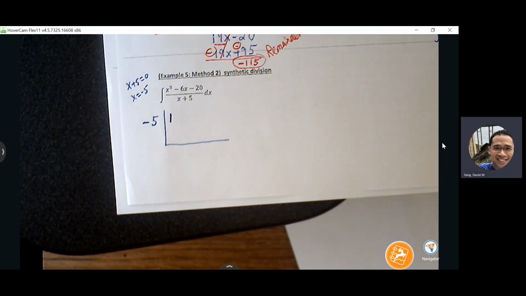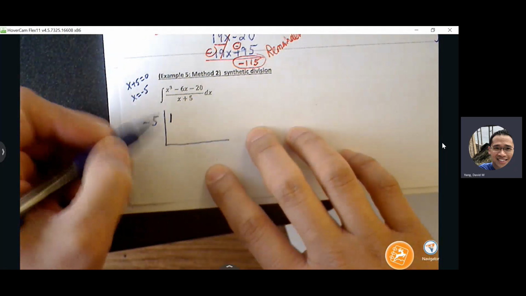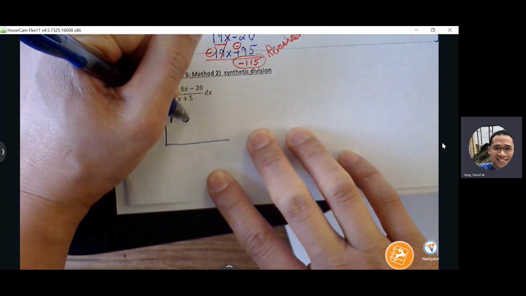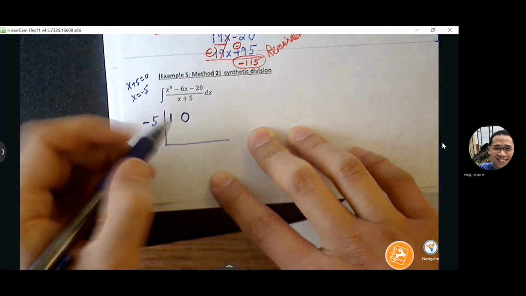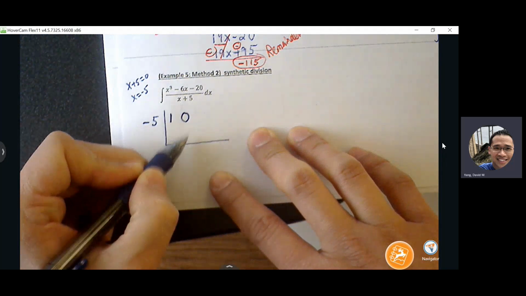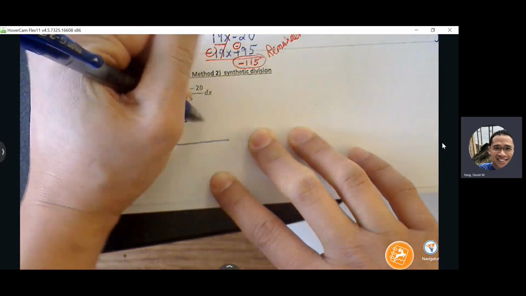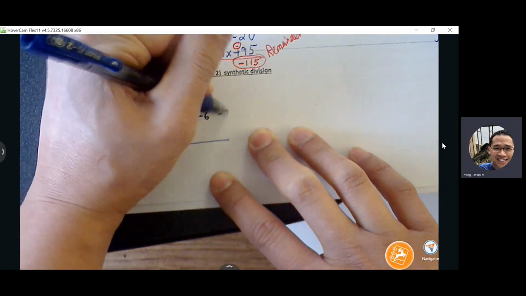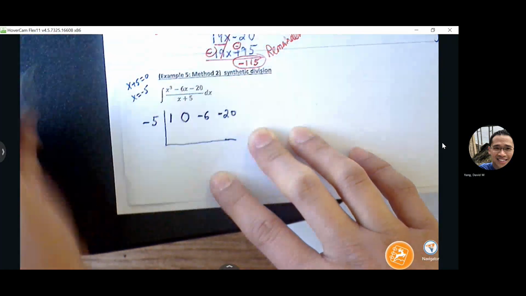X squared. So we need a placeholder for x squared. What coefficient can we use to represent that? 0. So we have x cubed, x squared. Now we're down to x. So x is -6, and then finally, -20.